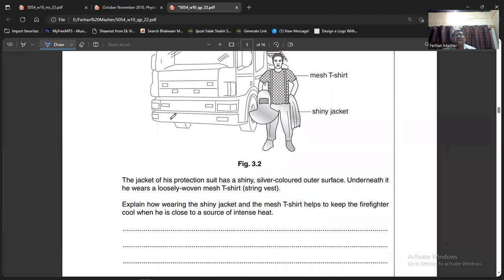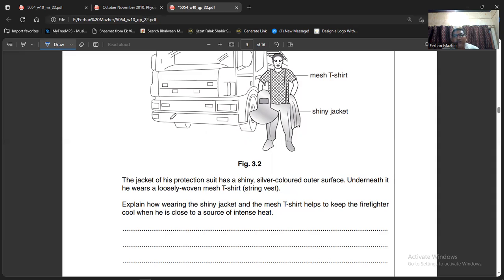You see, the outer surface of his jacket is shiny and it is silver colored. You know, the shiny silver color is a very poor absorber of infrared radiation.